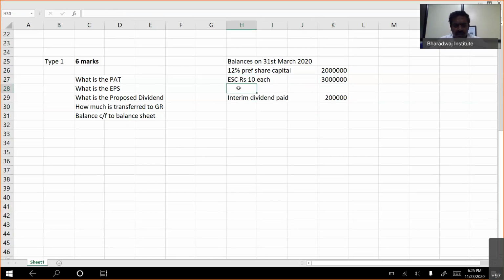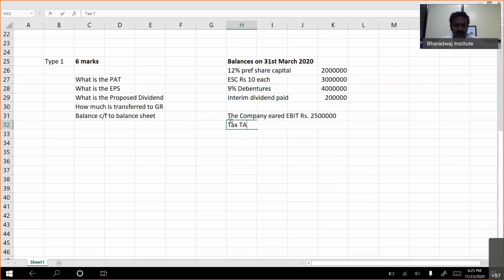Then we have 9% debentures, 40 lakhs. So these are the things as per your trial balance. Then the company earned EBIT of rupees 25 lakhs.